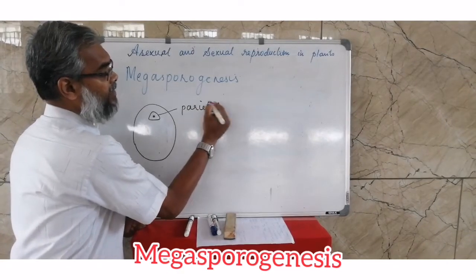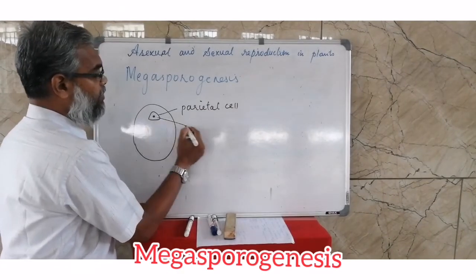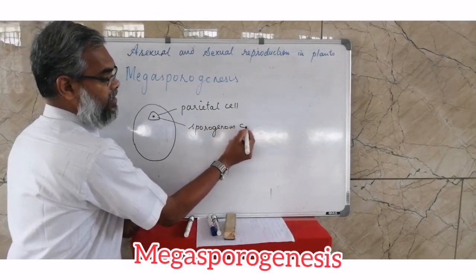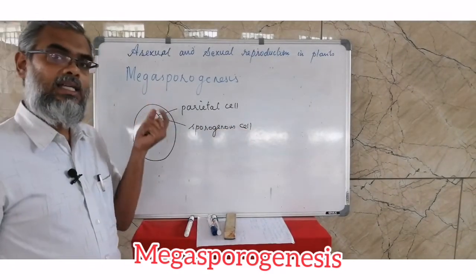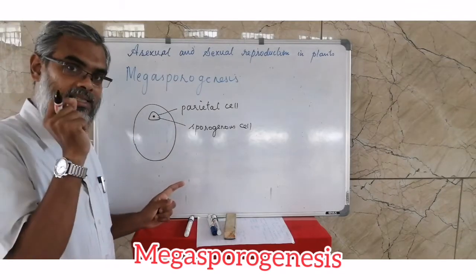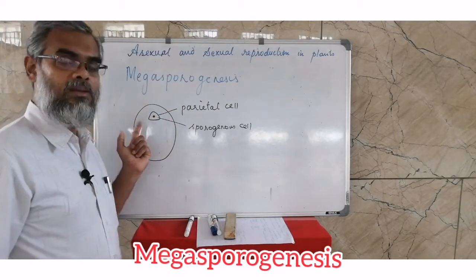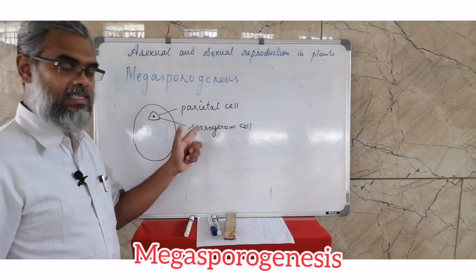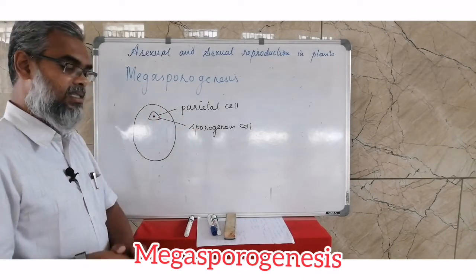One cell in the nucellus becomes the archesporium. So this is the archesporial cell. This archesporial cell will have an outer parietal cell and an inner sporogenous cell.